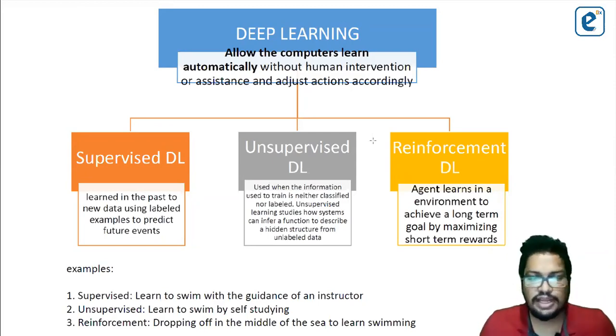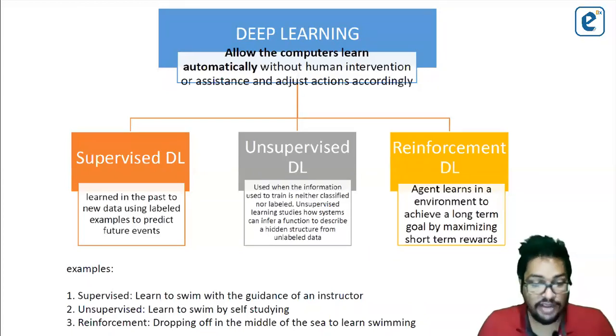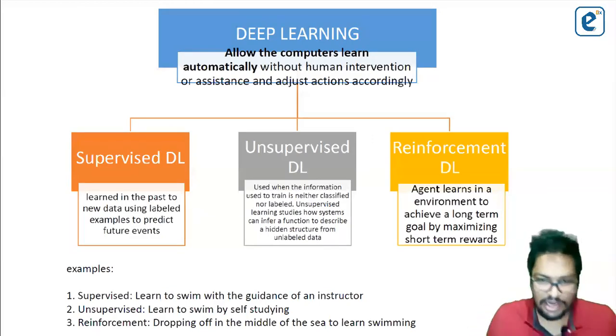Supervised learning is like learning to swim with the guidance of an instructor, right? So we get an instructor and we try to learn swimming with the guidance of an instructor. That's called supervised learning, right?